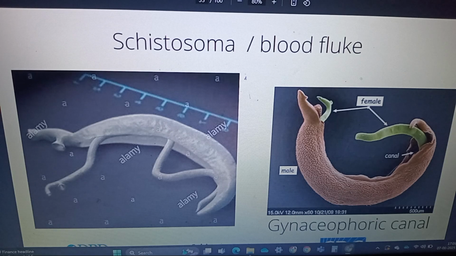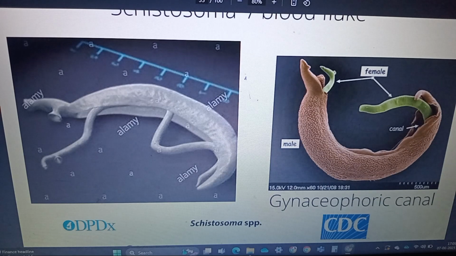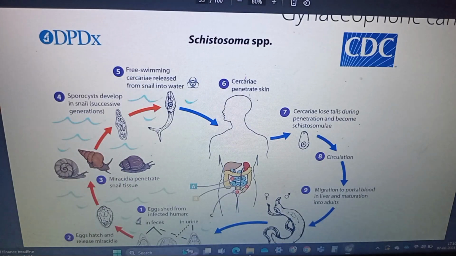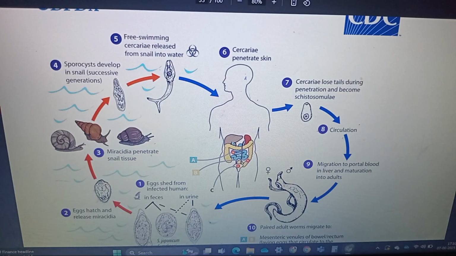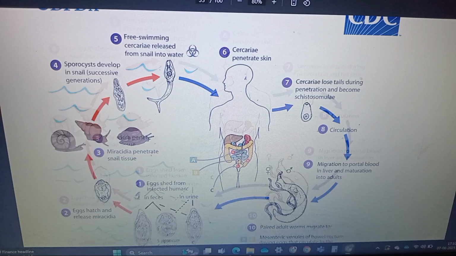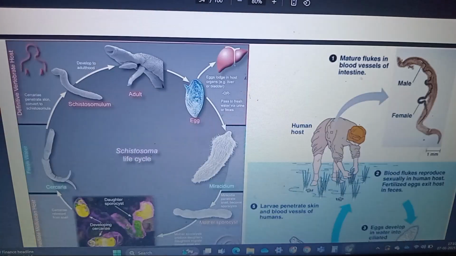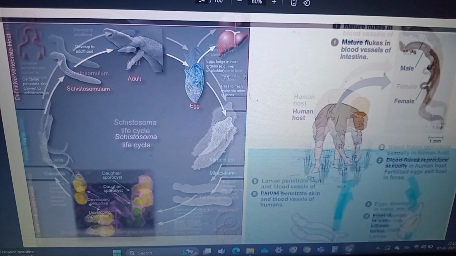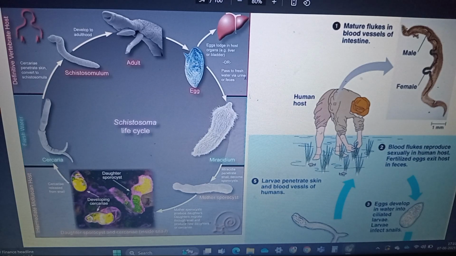This causes the disease called schistosomiasis because it lives in the veins of the rectum and the urinary bladder, causing bleeding. Here also the intermediate host is the snail, and the larva enters humans through the feet. The larvae are cercaria and metacercaria.